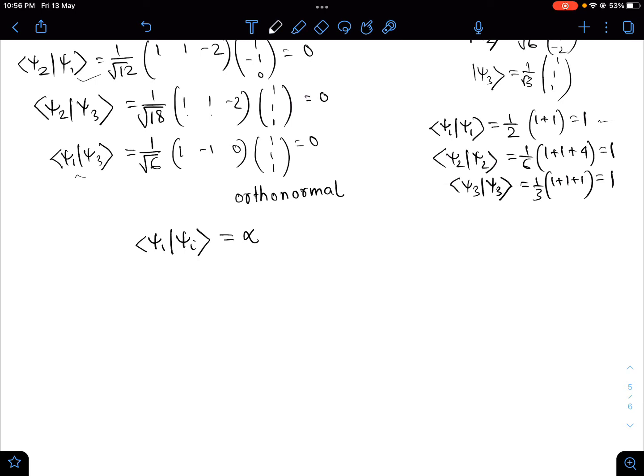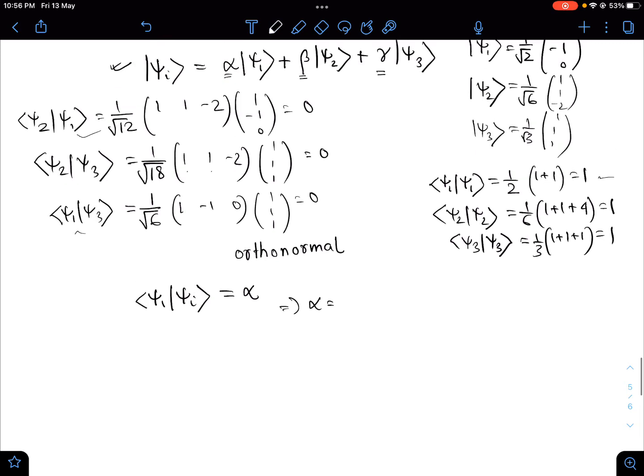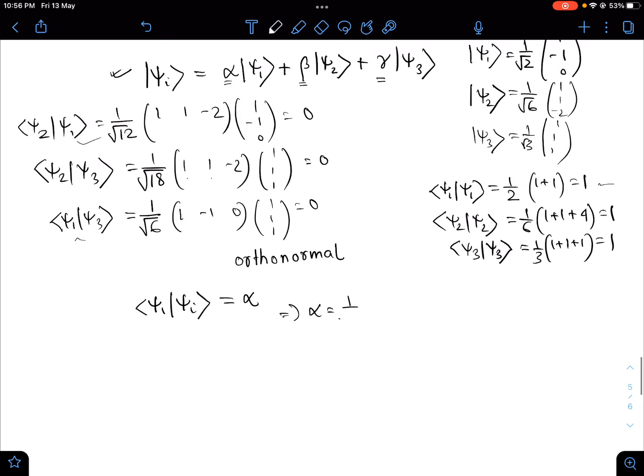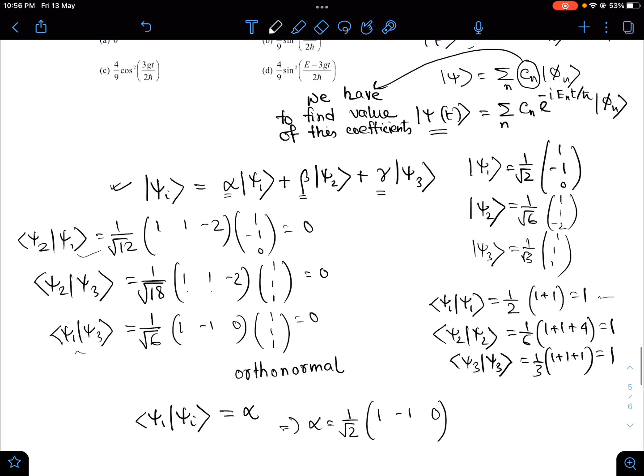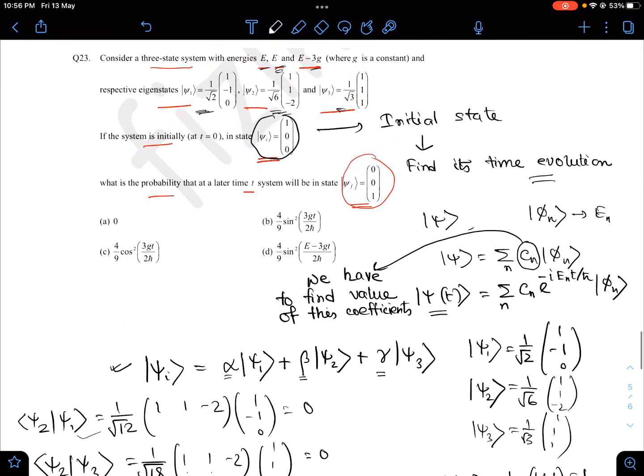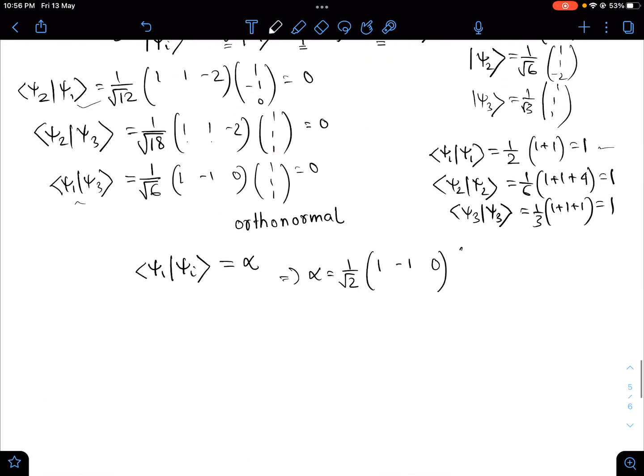So alpha we can get as: we have our psi 1 to be 1 over root 2 (1, minus 1, 0), and our initial state to be (1, 0, 0). So it will give us 1 over root 2.